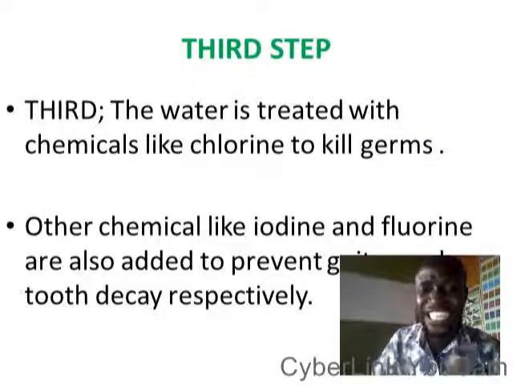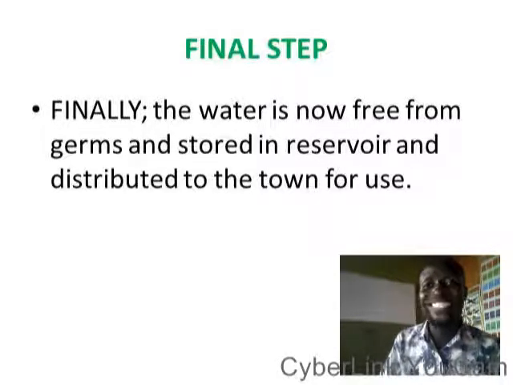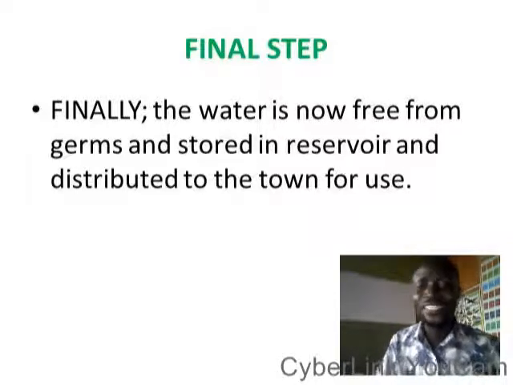You can see my teeth, so you could open your own to see if it's decaying. Please take precaution. Now the final step is that the water is now free from germs and stored in a reservoir and distributed to the town for use.